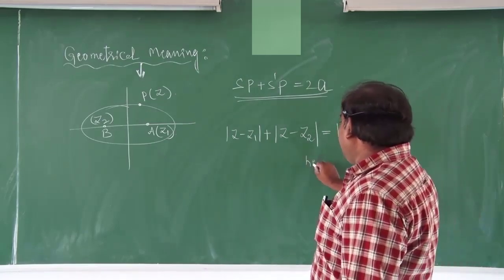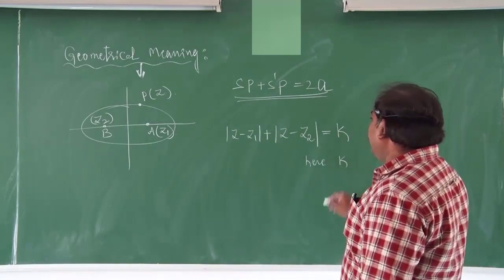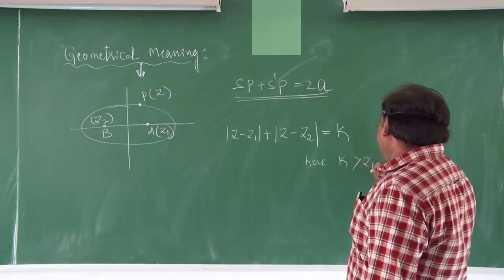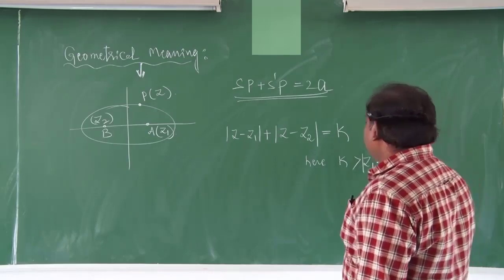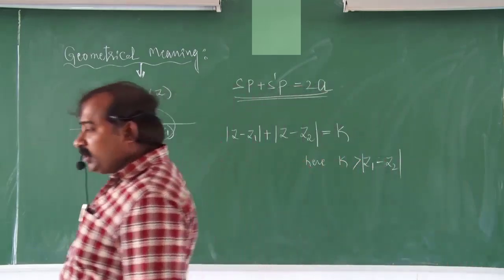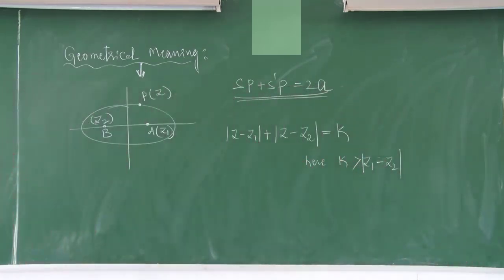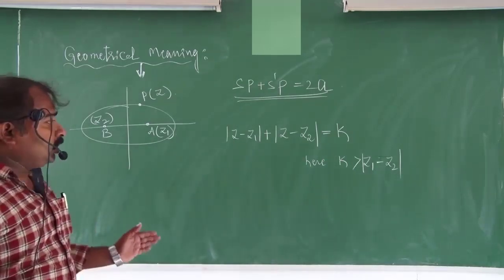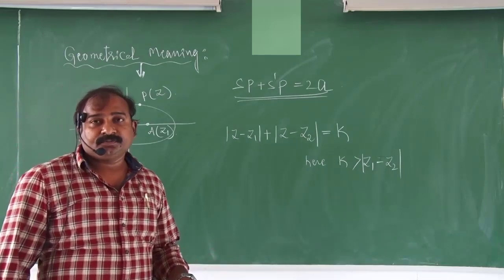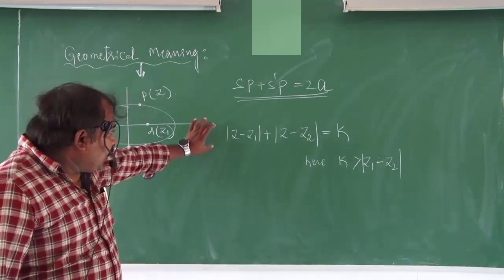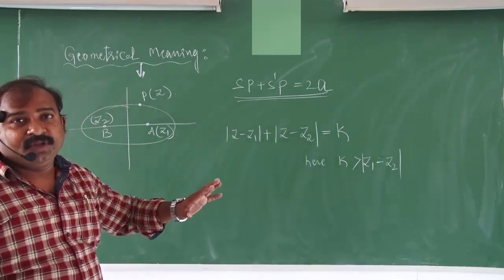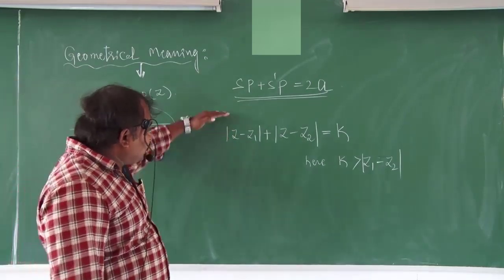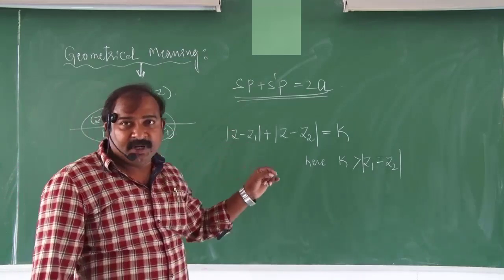Here the constant value should be greater than Z1 minus Z2 distance, like this. Got it already? This is the concept here. Okay, and here K value should be greater than modulus of Z1 minus Z2. This is the ellipse representation in the complex form. Of course, ellipse only, but the presentation is in the complex numbers.